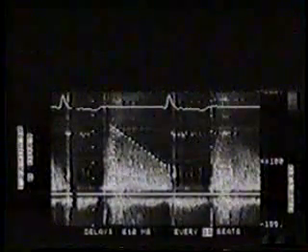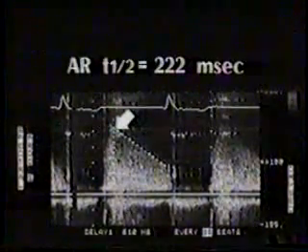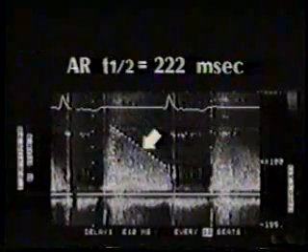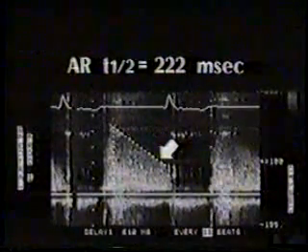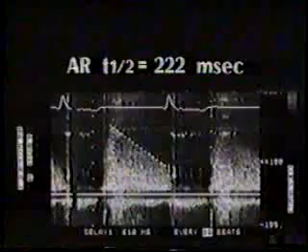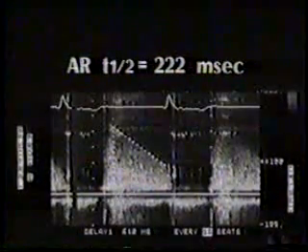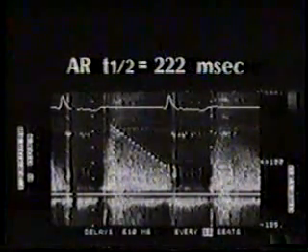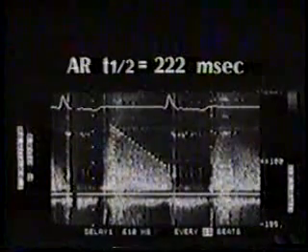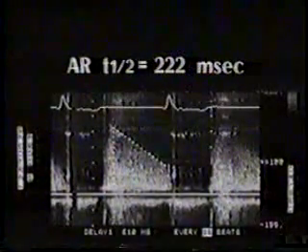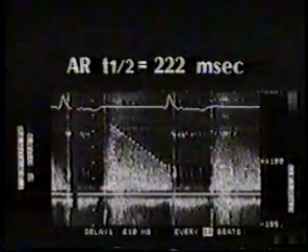As final confirmation, the severe aortic regurgitant jet has a pressure half-time of only 222 milliseconds. This case clearly illustrates how 2D, color flow, PW, and CW exams are combined to arrive at an accurate assessment of the severity of prosthetic aortic regurgitation.